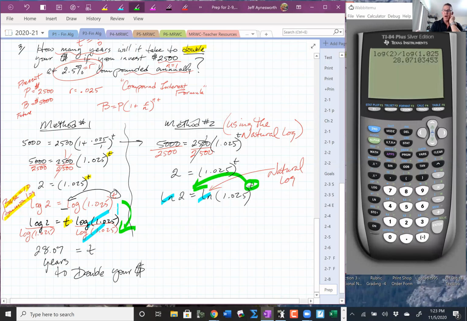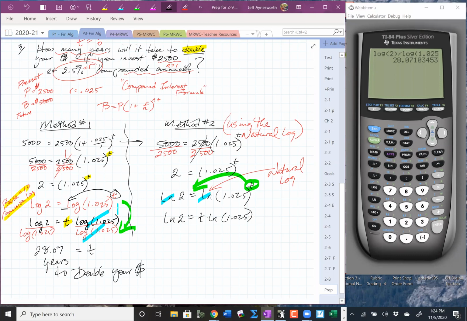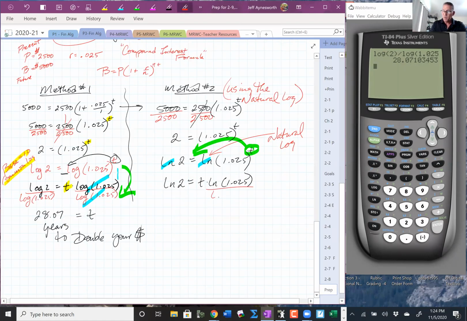So help me out. How should this next step read? So natural log of 2 is equal to what on the right? Equals t times ln 1.025 divided by ln 1.025. Should we say log or should we say natural log? Natural log. Yeah, the natural log. So good. Okay, thank you. So we're going to divide by the natural log of 1.025 on both sides.